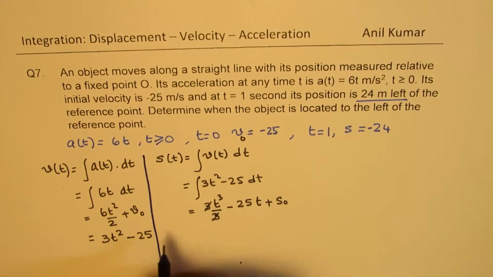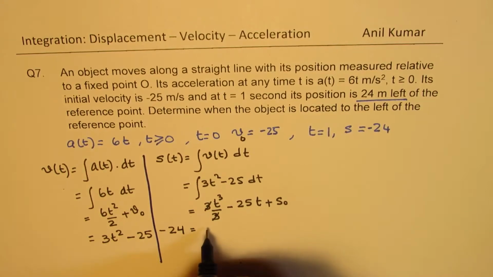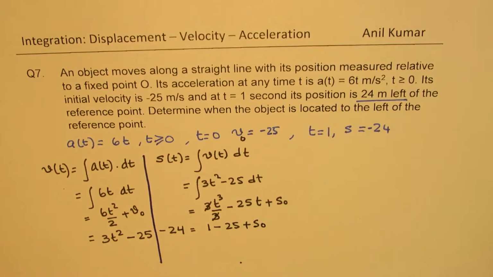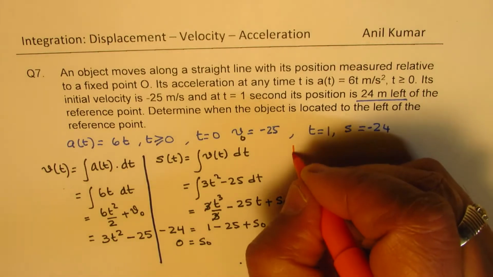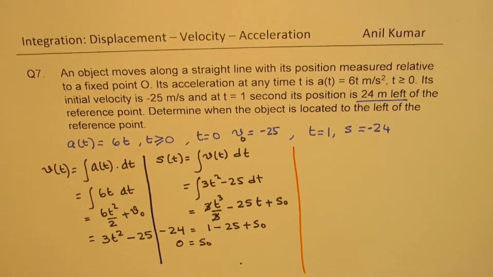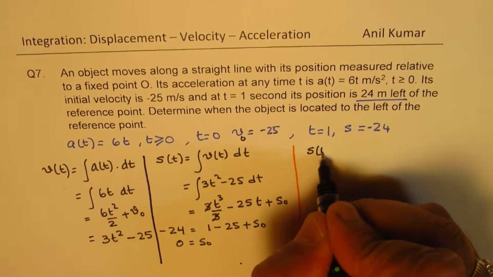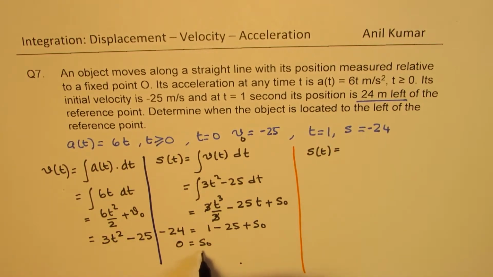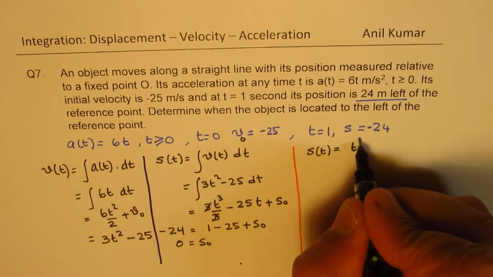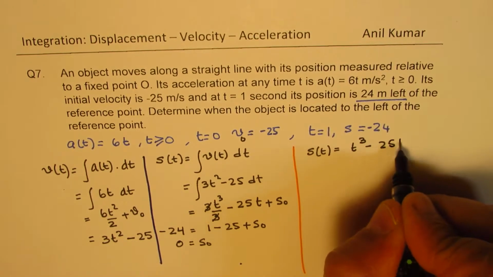So we'll substitute 1 here and we'll write minus 24. Substituting 1 will give us 1 minus 25 plus initial displacement, and this is also minus 24. So we get this value as 0, right? So from here we can write down the displacement. As initial is 0, we get t cubed minus 25t.